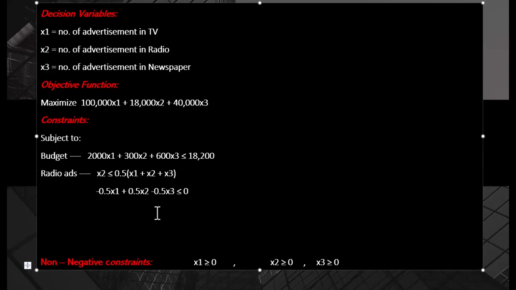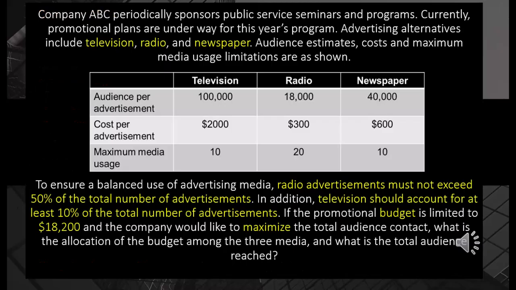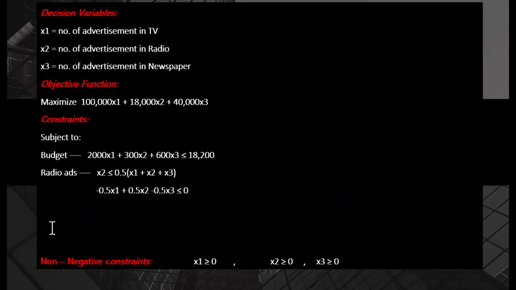And the third constraint is that television should account for at least 10% of the total number of advertisements. So it says at least.